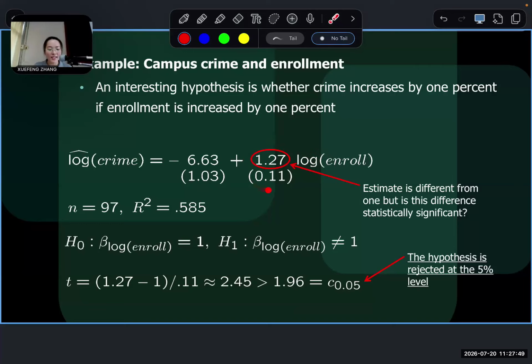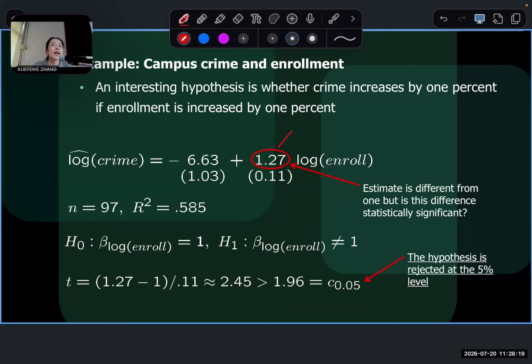So how do we interpret our estimation here, 1.27? Is it units, semi-elastic, or elastic? Remember, if both x and y are in log form, yes, elasticity, okay? So 1.27 is our percentage interpretation, right? Elasticity.